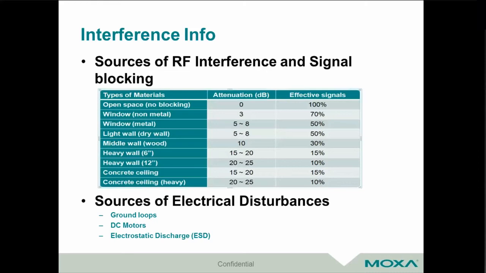You would think a window is clear and should be easy for the wireless network to pass through, but it will lose you about 30% of your effective signal. So these are things that you want to look at when considering deploying your network. And again, those site survey tools will help you because they'll actually be able to sense whether your wireless network will be able to penetrate any of these materials.